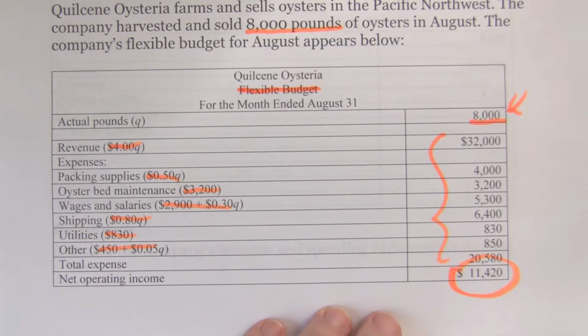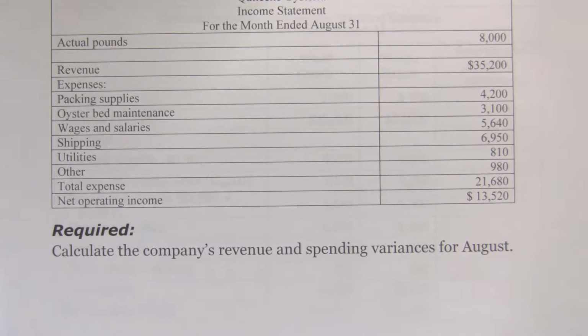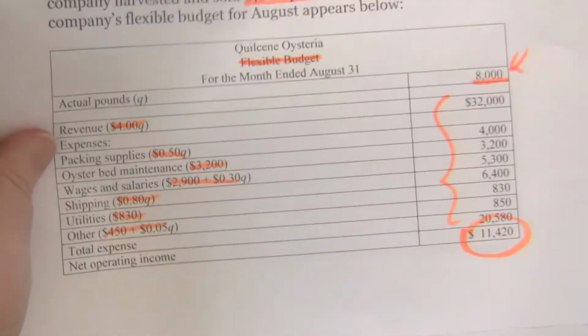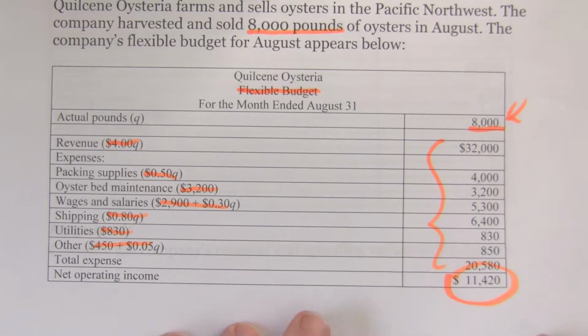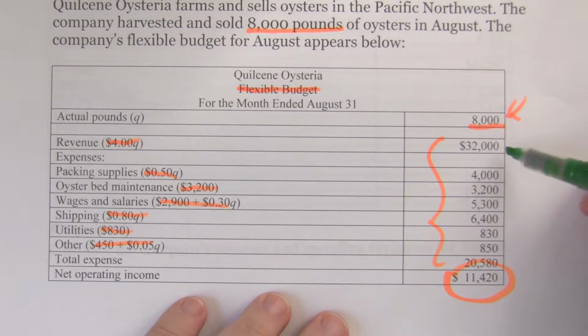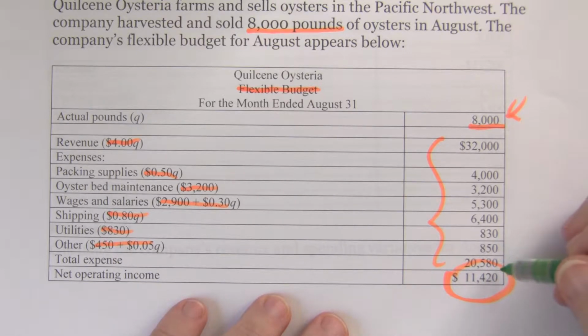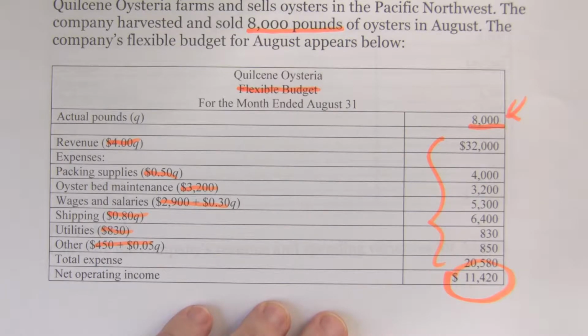So the orange numbers are the numbers we should have had if everything went as planned. If we had harvested 8,000 pounds of oysters, and we did, our revenue should have been $32,000. Our expenses should have been $20,580. We should have made $11,420.